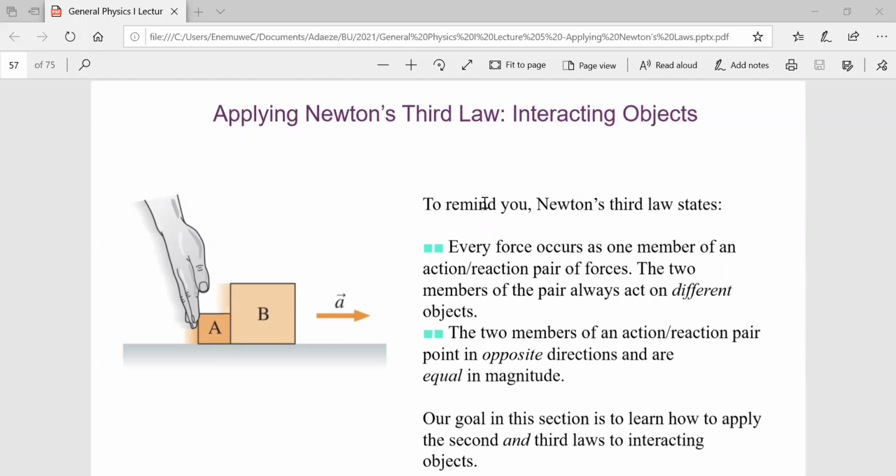All right, so let's just begin today's interaction, which is the third part of our chapter 5 class. So today we'll be looking at Newton's laws. The whole chapter is talking about applying Newton's laws in solving physical problems.